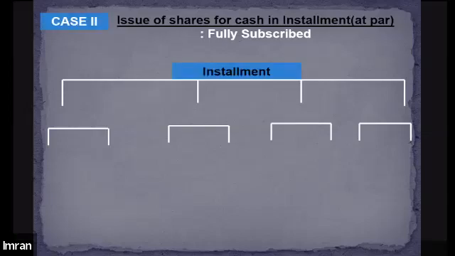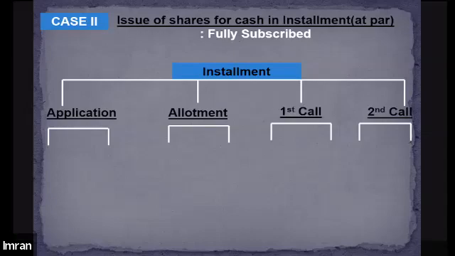Here, we understood that installments are of various types. First installment will be application money, then we will receive allotment money, then we will have the first call, second call, and so on. All right, so I hope these things are clear to you, everyone. Is it clear, yes or no? Yes, sir.